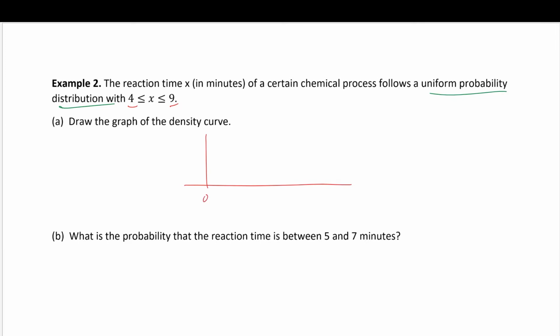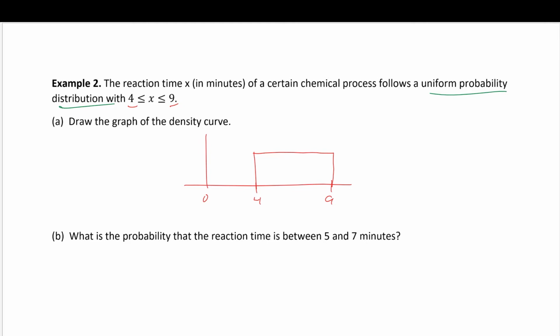If this is 0, I say that's 4, and maybe over here is 9. So this chemical reaction can only happen between 4 minutes and 9 minutes, and there's an equal chance of it happening within that time.